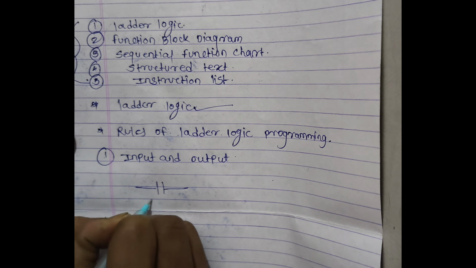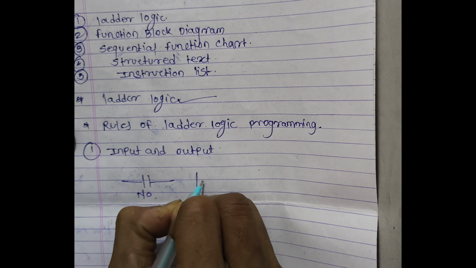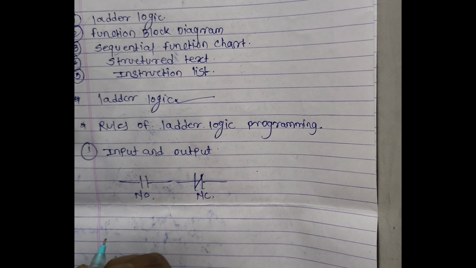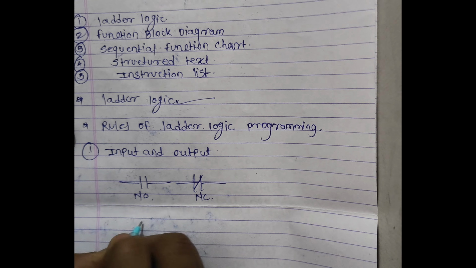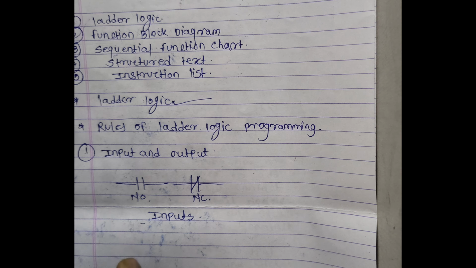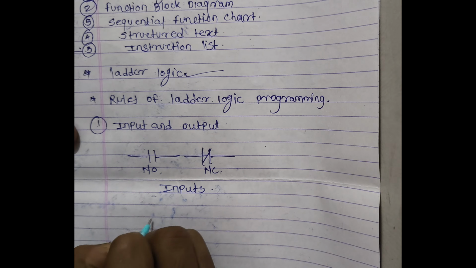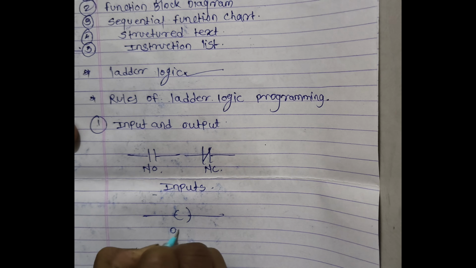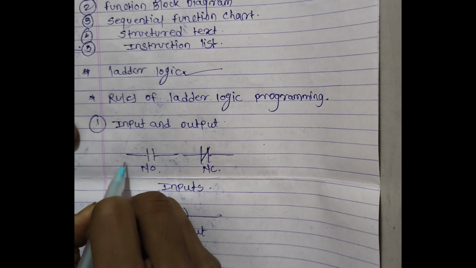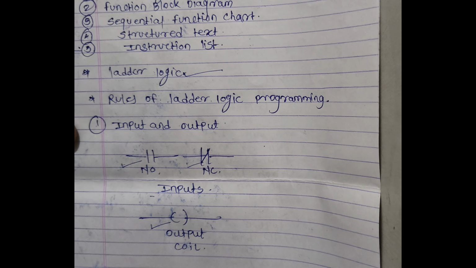First is the NO contact, NO means normally open, and the second is the NC contact, which means normally closed contact. These are your inputs. And one more is the output coil. This NO and NC are your inputs and this coil is your output.